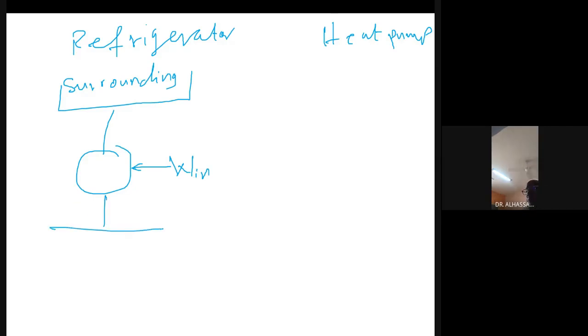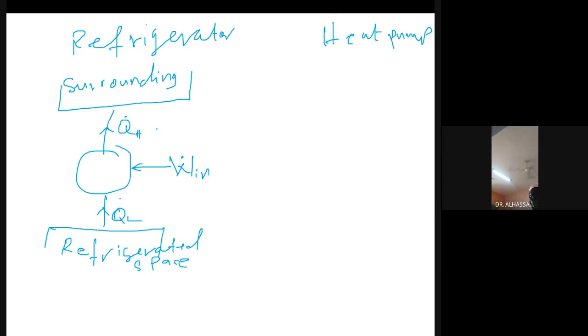So from this refrigerated space, some amount of heat, namely QL, is taken by means of this W in. Without W in, the refrigerator will not be able to work. It's just like if you go to Giant and buy a refrigerator and don't plug it into the socket, it will never work. Then this is QH.